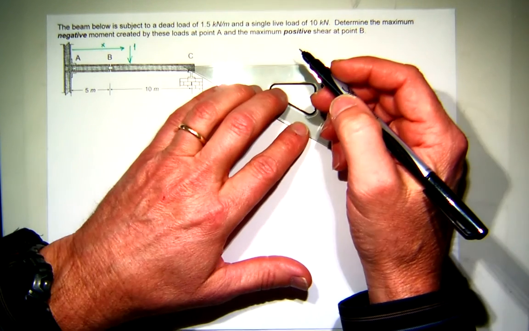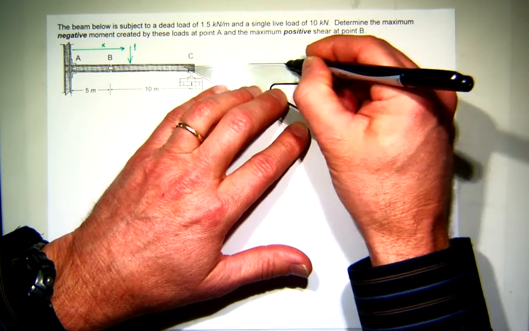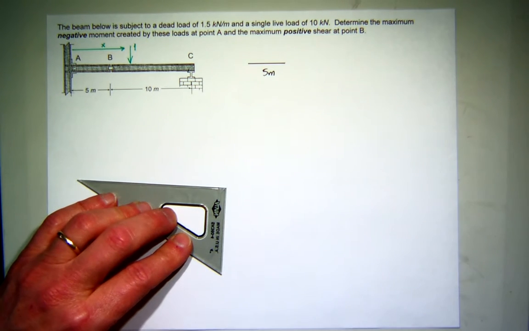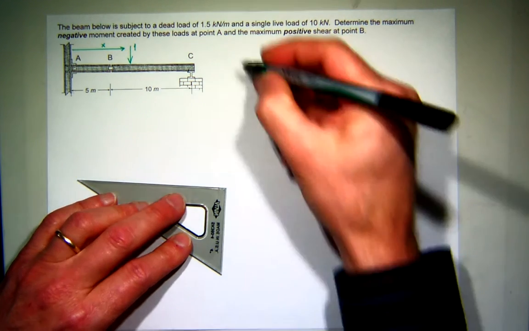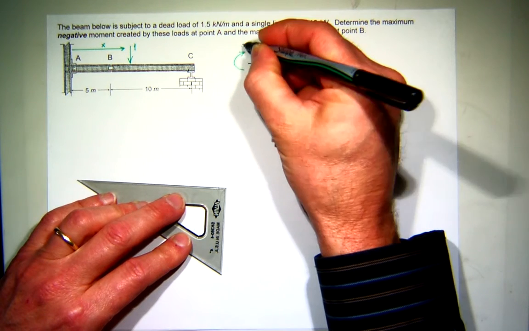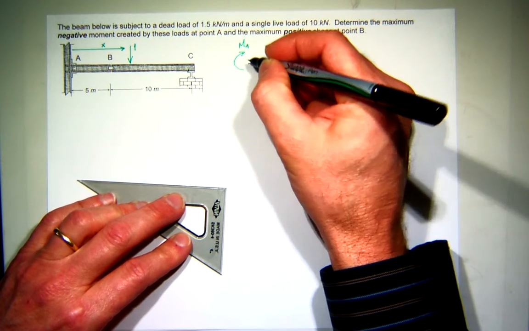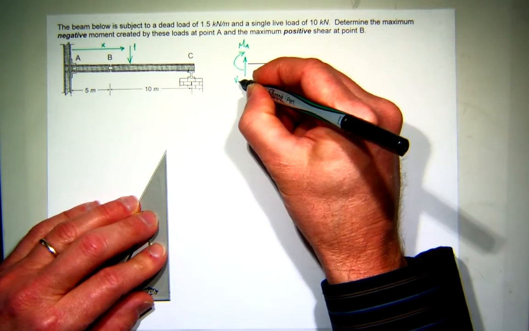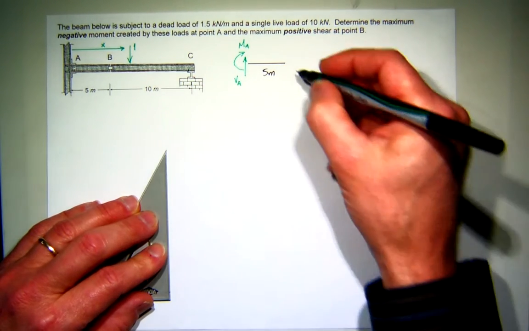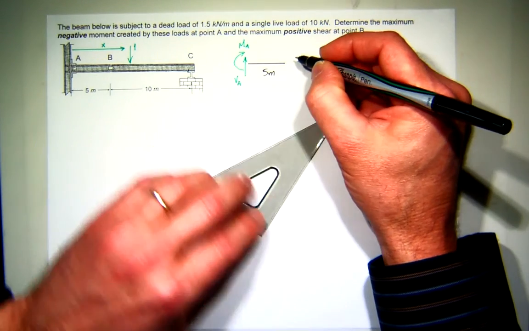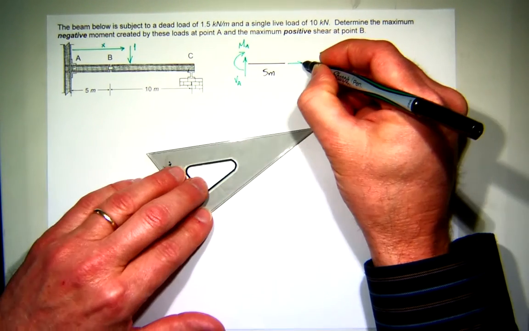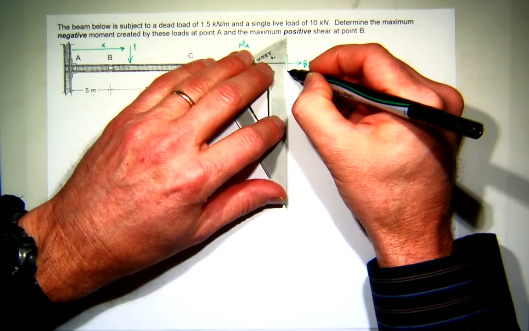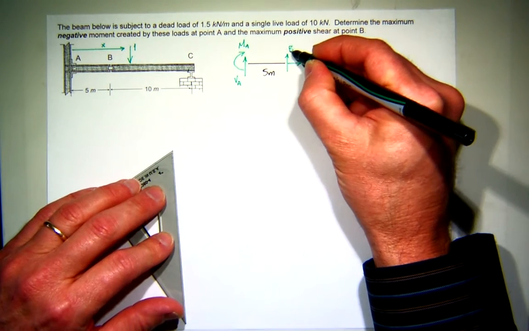So I'll draw a free body diagram of what's going on here. So here's the 5-meter section, and I'm going to assume a bending moment at A and a shear force at A, even though I'm not going to find the shear force. I'm going to disconnect it here at B, so that would give me a value which I'll just call Bx and By.